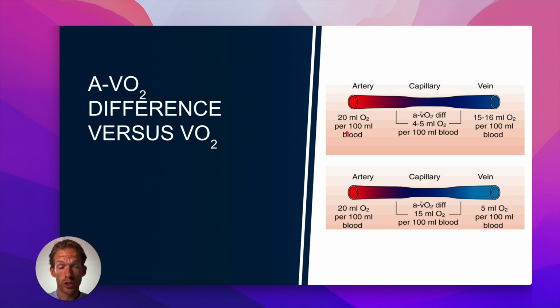In this case, it's always expressed per 100 milliliters of blood. It's always roughly 20 milliliters per deciliter of blood. But then if you look at what in the mixed venous content is left, then you see that at rest, there's still 15 milliliters of O2 left per deciliter of blood. So the AVO2 difference is only roughly 5.